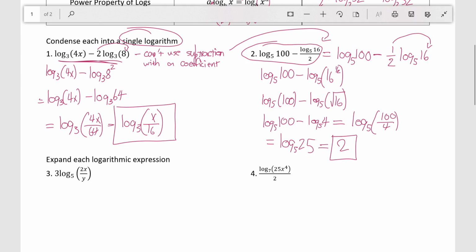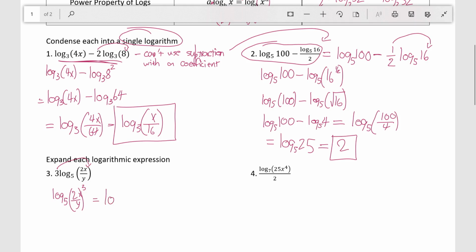So here I have 3 times log base 5 of 2x over y. So I can't apply any of my addition and subtraction properties unless I don't have a coefficient here. So I'm going to make this log base 5 of 2x over y to the third. And then that exponent can be applied to each term inside that parentheses.